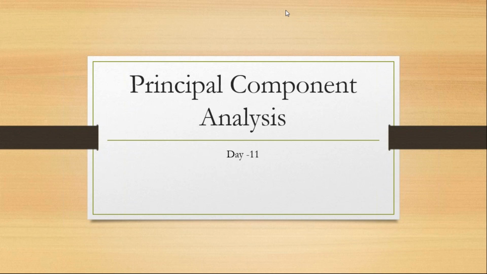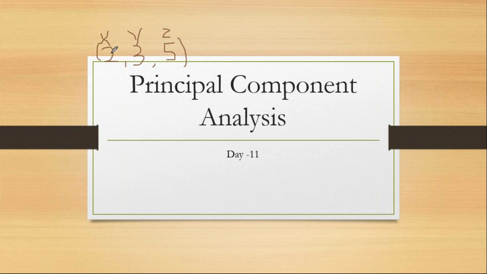Let me put it this way. I have my coordinates: x equal to 2, y equal to 3, and z equal to 5. So this is my x, this is my y, and this is my z.